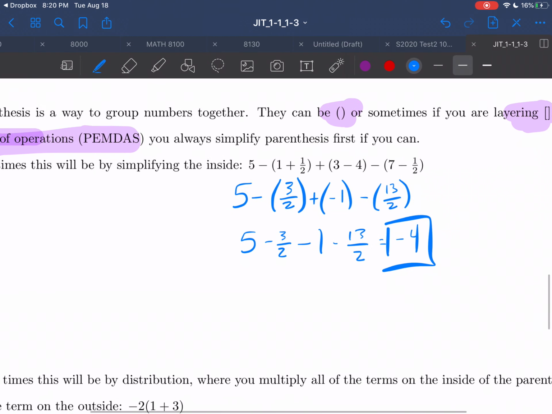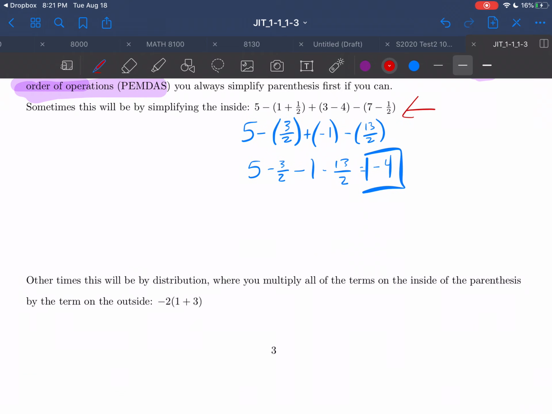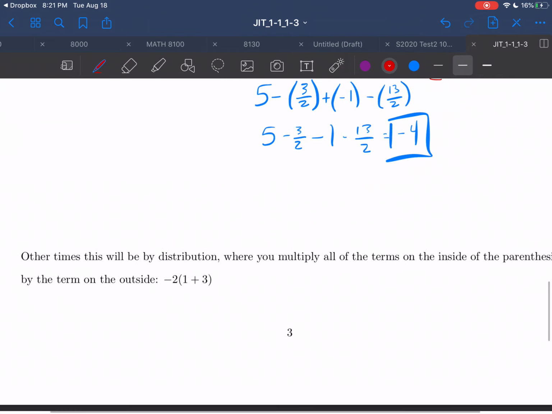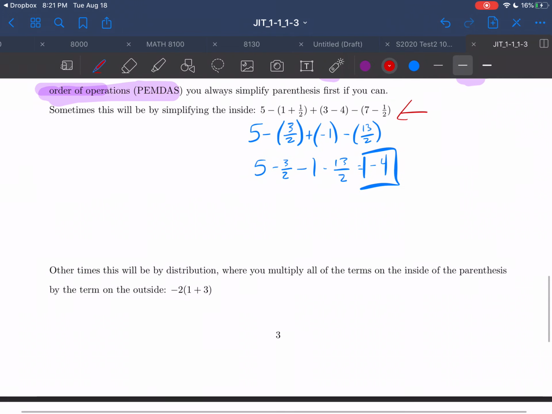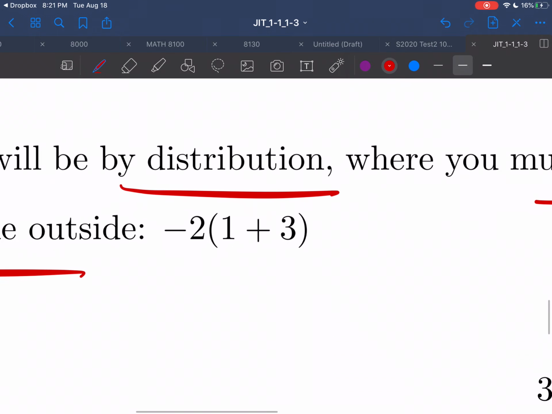Now, sometimes we can't simplify the inside of our parentheses like we did in this step. The other way we might do it is by distributing. Distribution is where we multiply all of the terms inside the parentheses by the term on the outside. In this case, we could simplify inside the parentheses, but I'm going to use this to show you distribution.